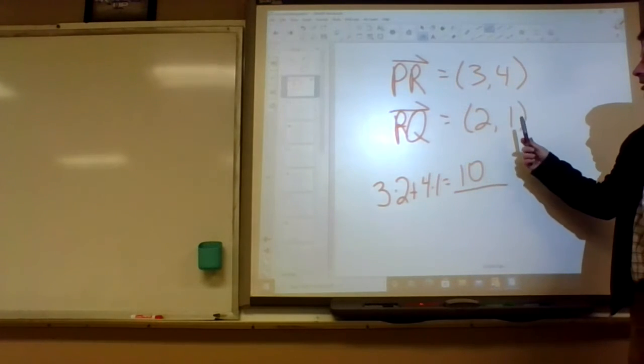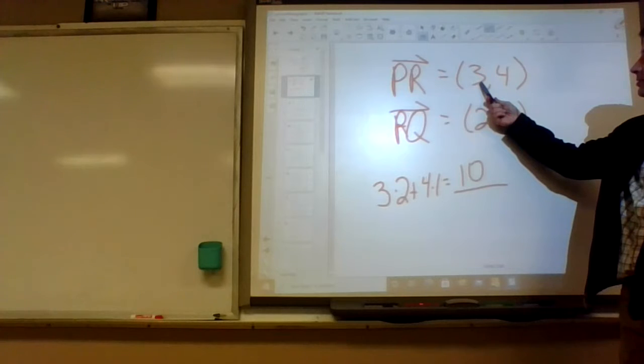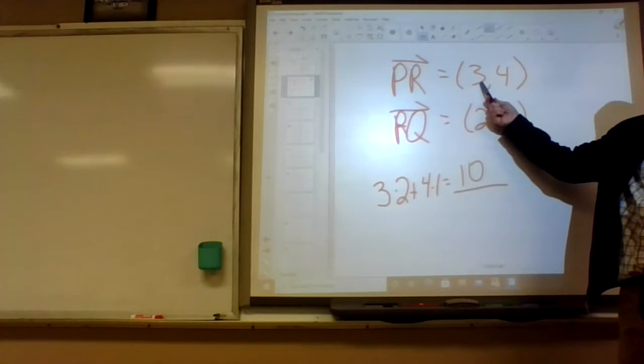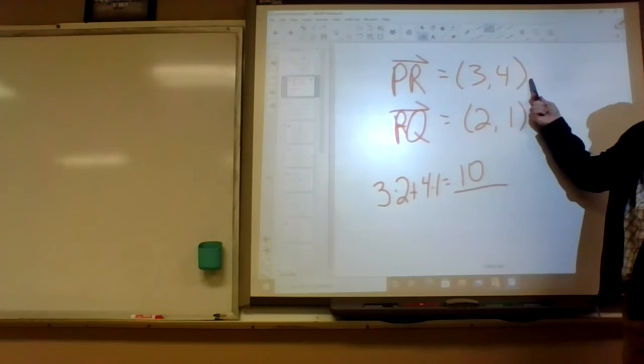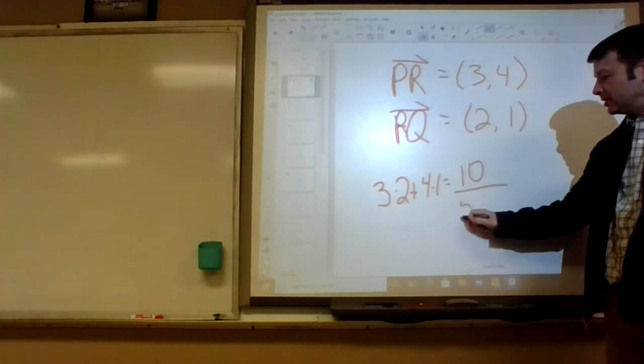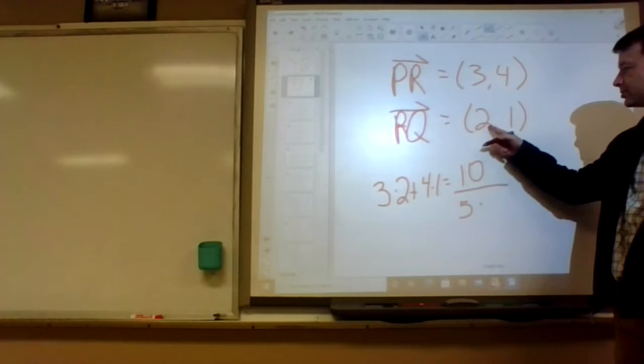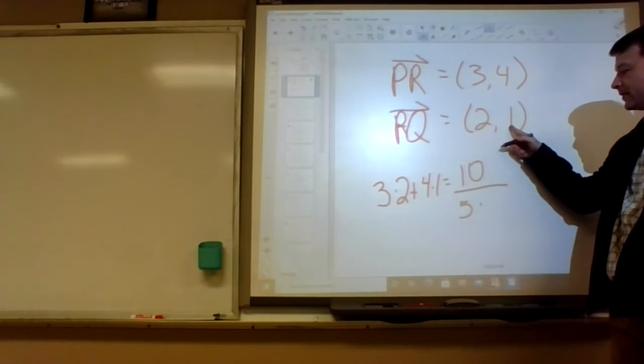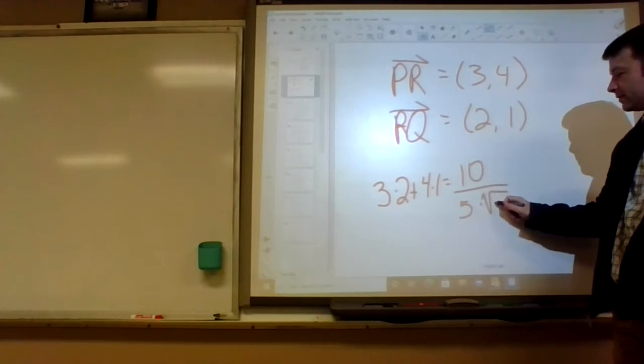And then, okay, so what would the magnitude of this one be? 3, 4, so 5. Yeah, square root of 25 is 5 times 2 squared plus 1 squared would be 5, so it would be square root of 5.